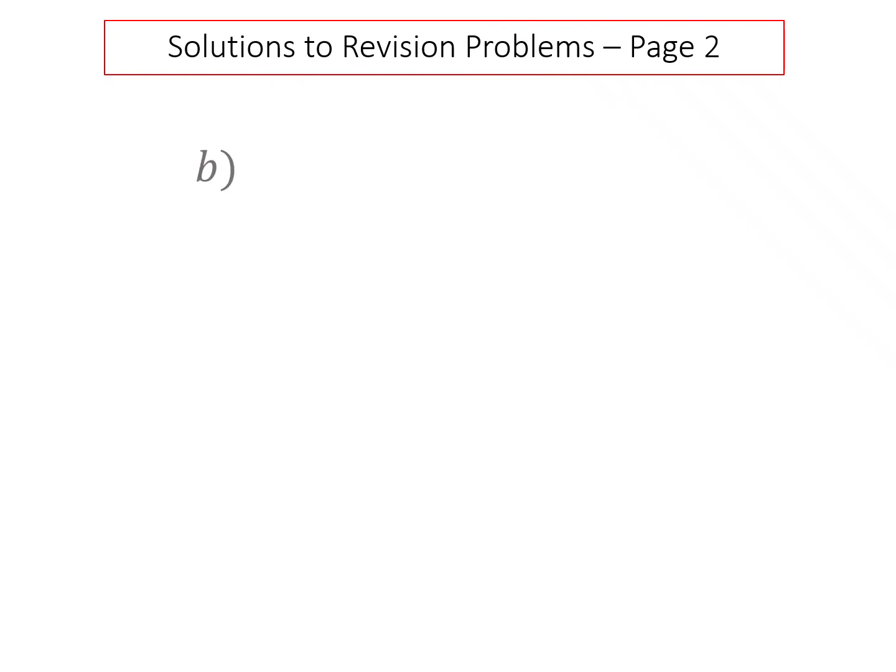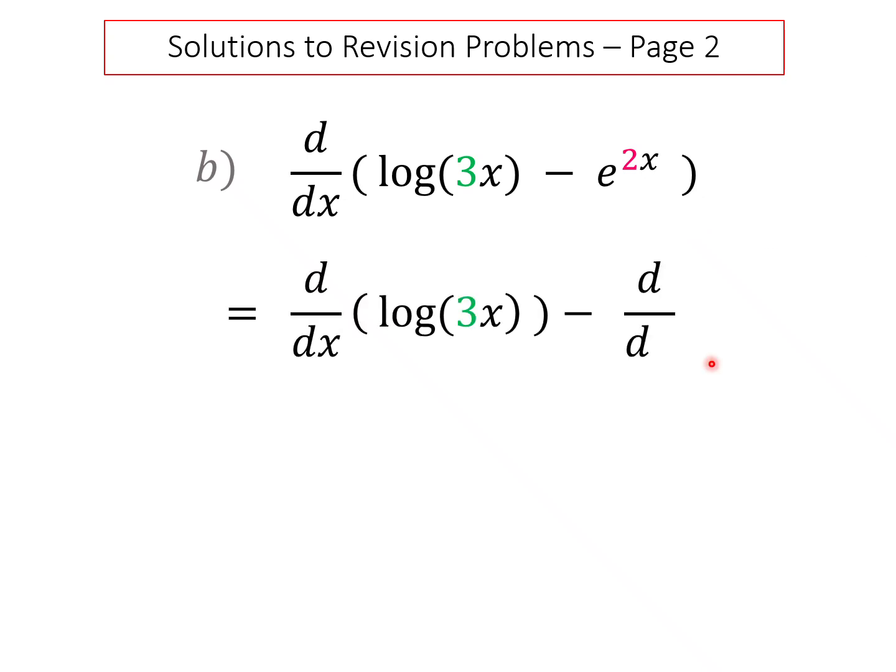Now the second sum. In this one we have two functions. The first one is log 3x, another one is e to the power 2x. Here also d/dx will be applied on each term.